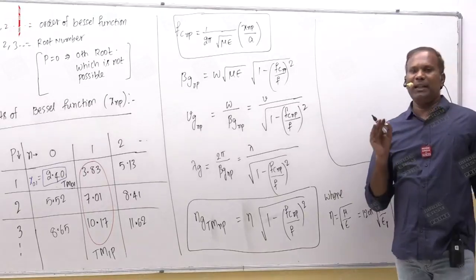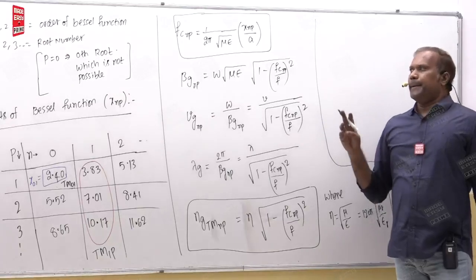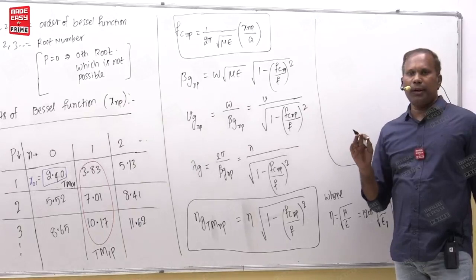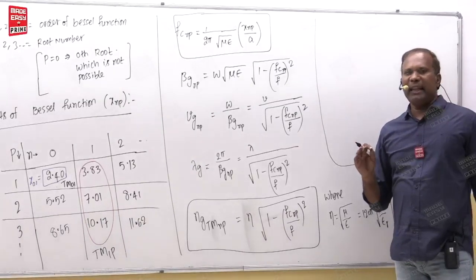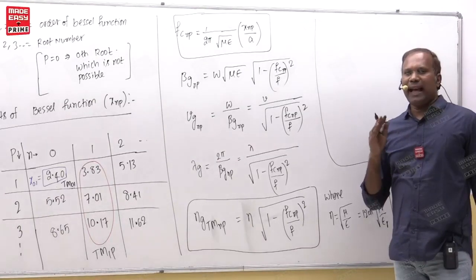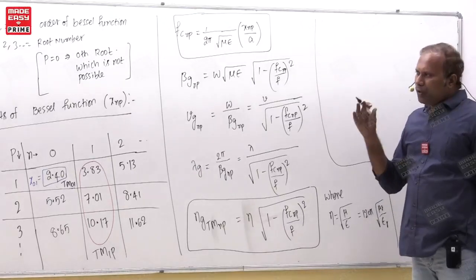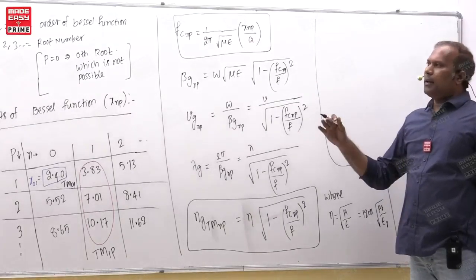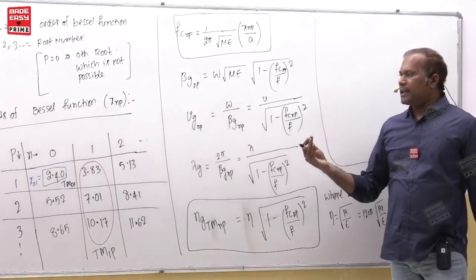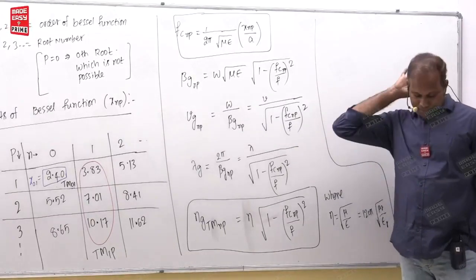So till now, how many things you have remembered? I am telling you how many things you have to remember. In circular waveguide, for TE mode, the dominant mode is TE11 mode, whenever X11 dash is equal to 1.84. If you want to remember for TM mode, that is TM01 mode when X01 is equal to 2.4 value, but nobody will ask this one.